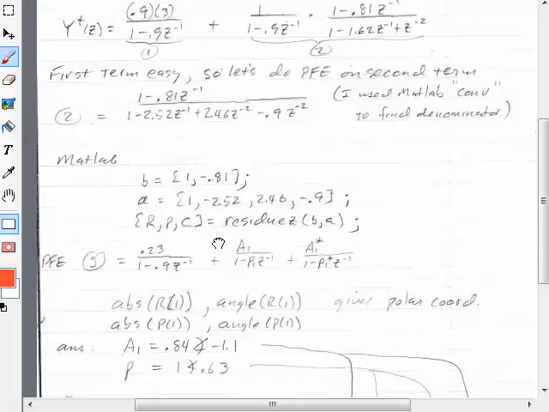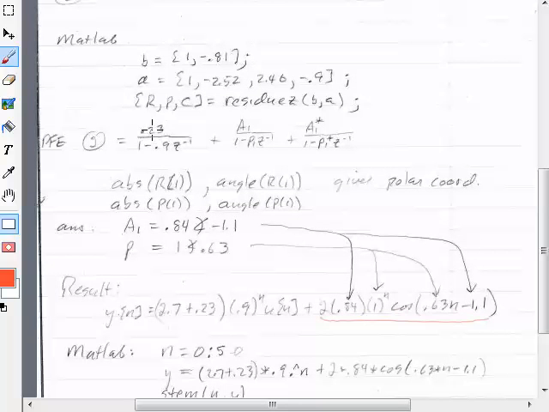And then I'm also going to get 0.23. Remember, that was the magnitude of this residue from residuez, and I can add those together because they both correspond to the pole 0.9, which I'm going to take 0.9 to the n, u of n. So that's from the initial condition, and that's just from the original difference equation.